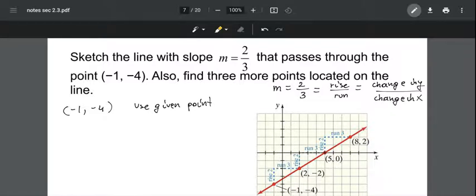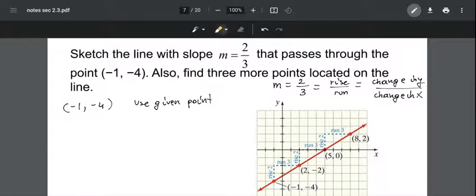To find more points, my rise is equal to 2, and rise represents change in y. This is the y coordinate of the given point, so to get the y coordinate of the next point, we have negative 4 plus 2, and that gives us negative 2.